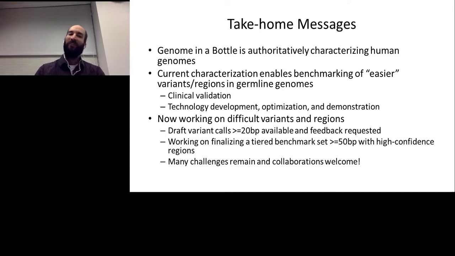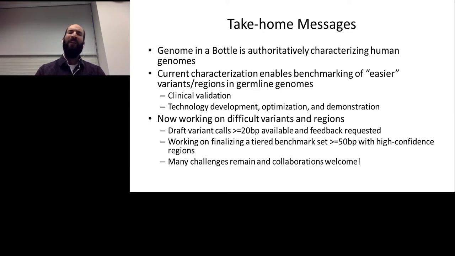And in particular, I'm going to focus on our work on larger variants today. So we've made some draft variant calls greater than 20 base pairs in size available and have been collecting feedback about those calls and are continuing to collect feedback.